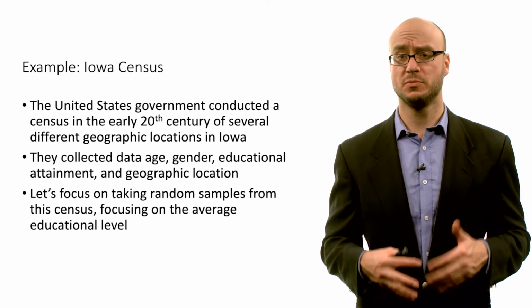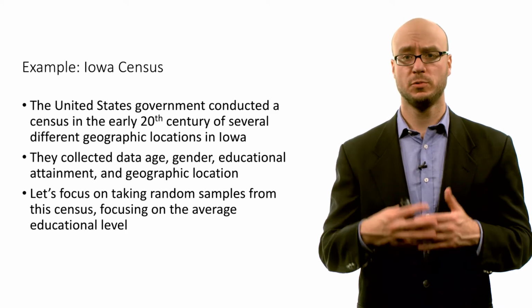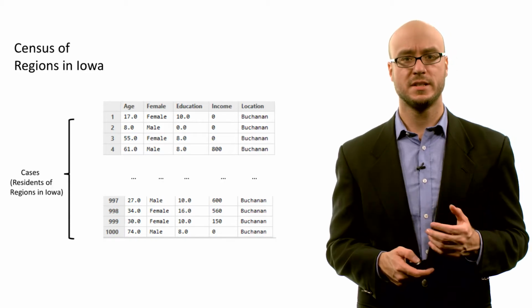Now, this is a census, so we have the entire population, so we know the population parameters. In practice, we wouldn't actually know this, but it's useful for understanding this process by which we might be able to take a random sample and just use that random sample to say something about the population. So let's focus on taking random samples from the census, and for this analysis, we're going to look at the average educational level.